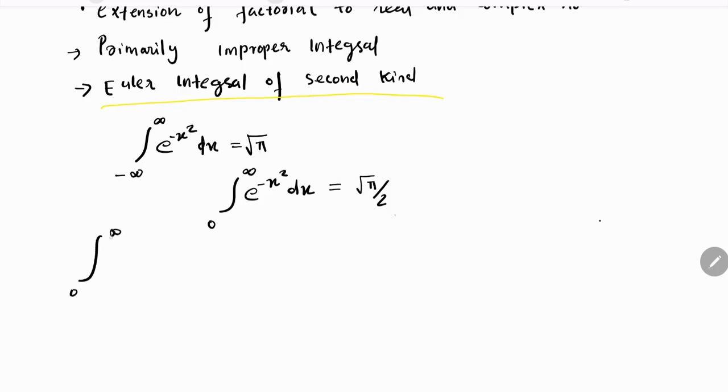Okay. So what is the value of the integral 0 to infinity e to the power minus tx dx? If this is in the form of tx, where t is not equal to x, then what is the value of this integral?